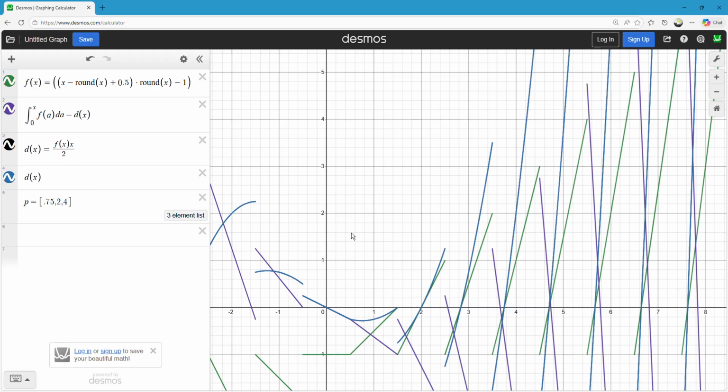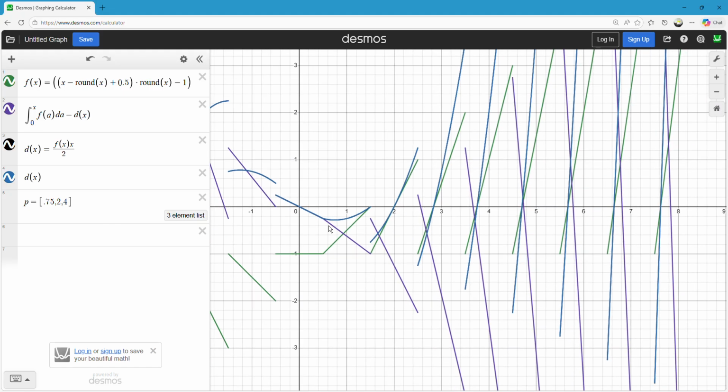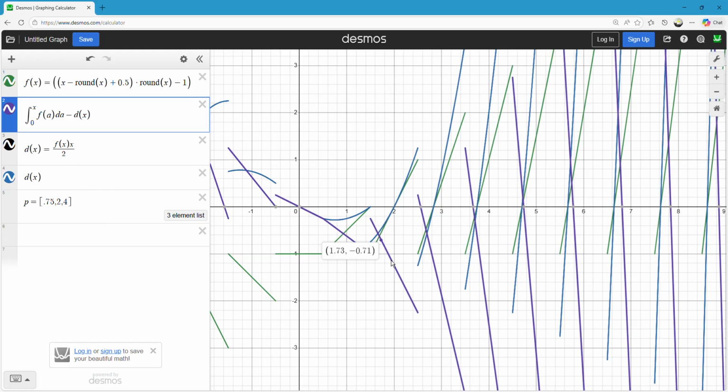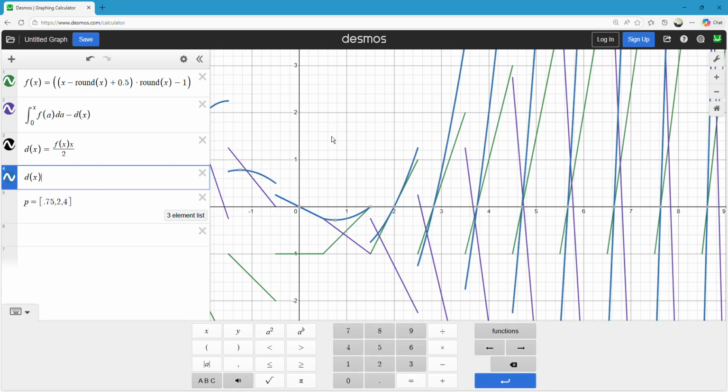Is that really it? Man, what was I taking when I did this? Okay, looks like kind of like the starting function.